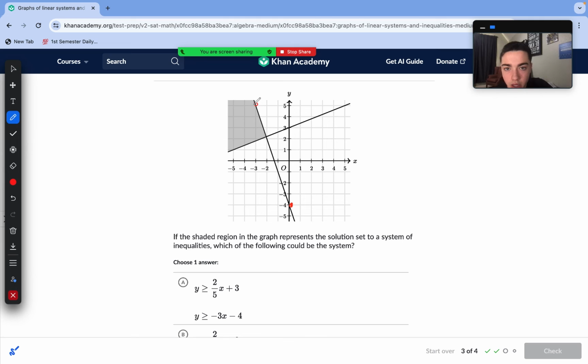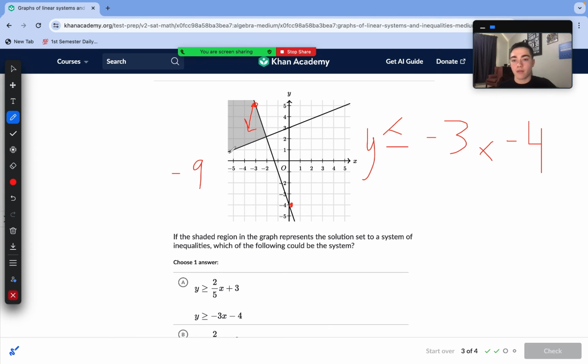Two grid intersections right here. We rise down 9 and we run across 3. So our slope is negative 3x minus 4, and we can obviously see that we're shading below this line and the line is solid. So our sign is y is less than or equal to negative 3x minus 4.